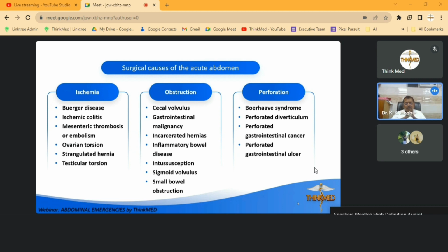In obstruction, what will you have? You will have distension of abdomen. Then you will have the patient not passing flatus.